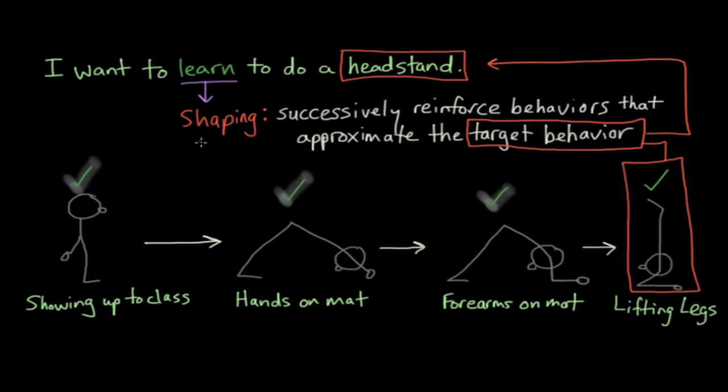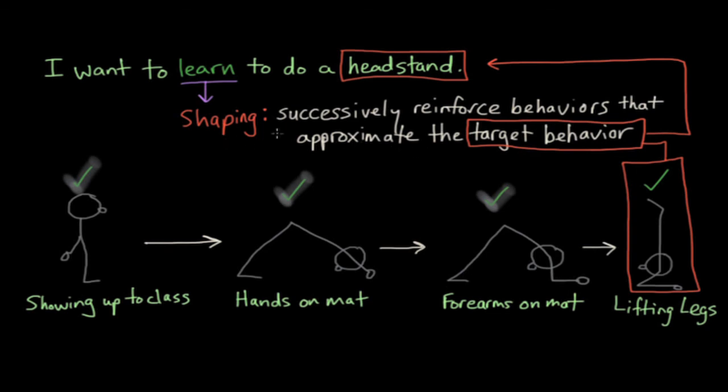And shaping is a process of learning that isn't just used in humans, it's also used in animals. That's how animal trainers have a job. Their whole job revolves around shaping the behaviors of animals. So when you see that seal balance a ball on its nose, it didn't just naturally do that. It learned it through the animal trainer successively reinforcing the behaviors that lead up to balancing a ball on its nose.